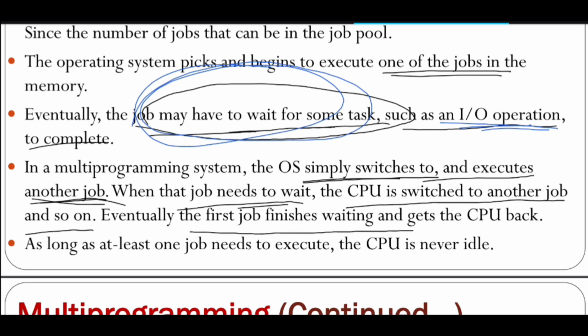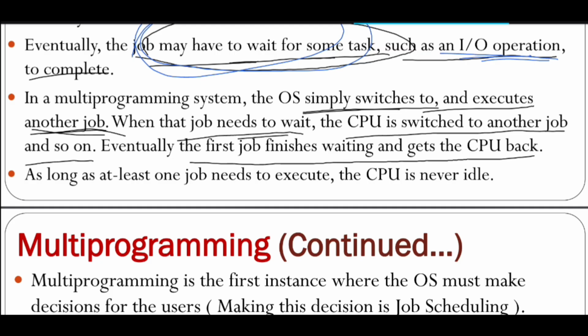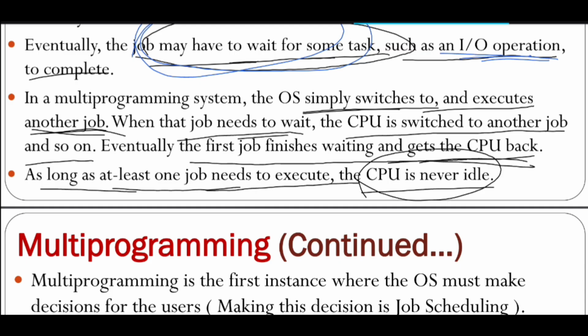Eventually the first job finishes waiting and gets the CPU back. First it gets the IO result, and then it goes to the CPU to execute. As long as at least one job needs to be executed, the CPU is never idle.